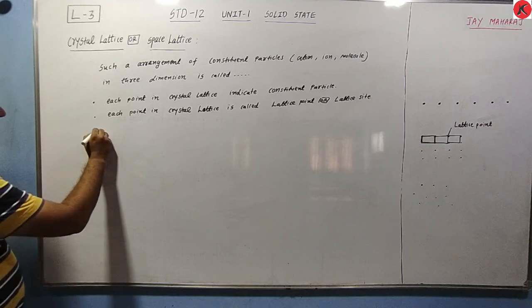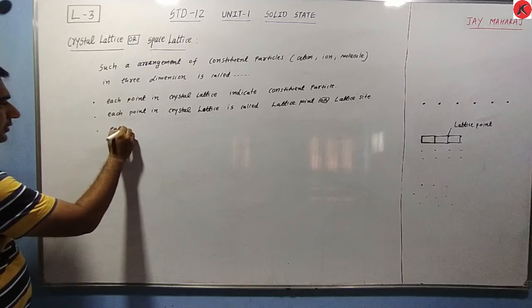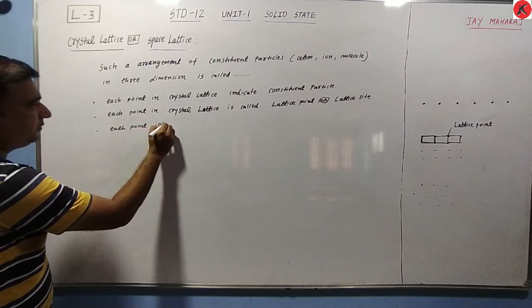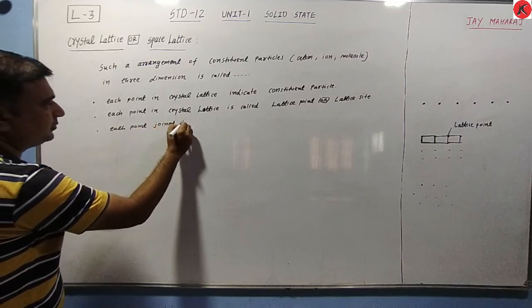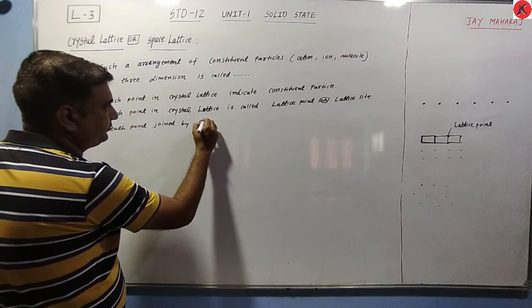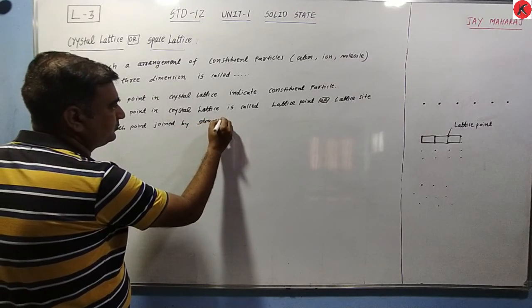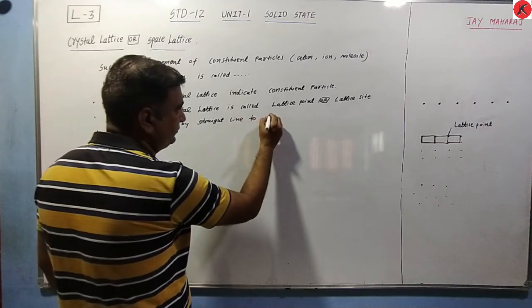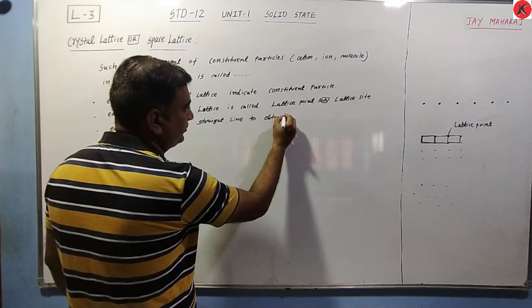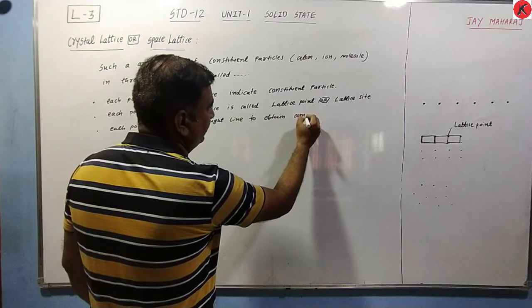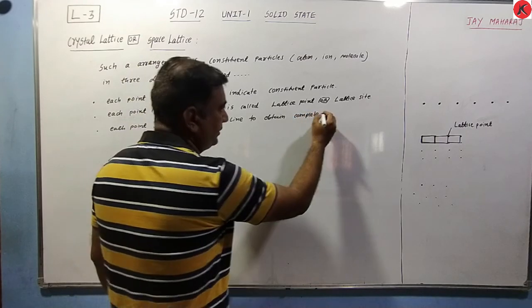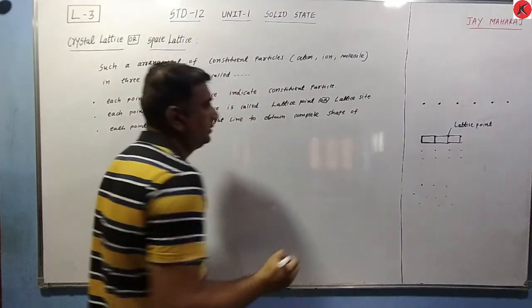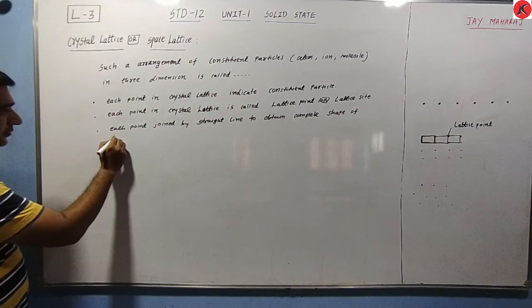That means each point is joined by straight line to obtain complete shape of crystal lattice.